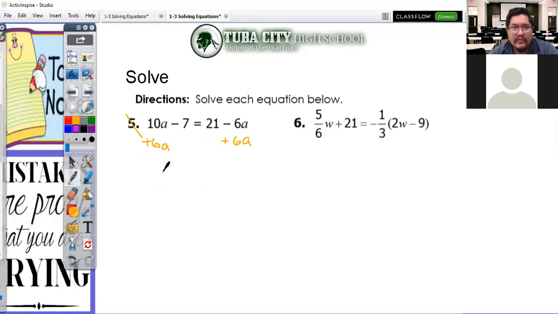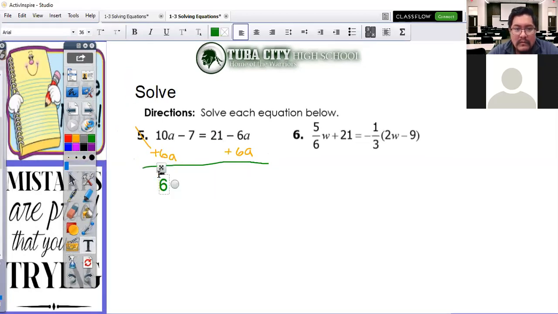Now, on the poster in my room, and usually with my Algebra 1 students, I will almost always do one step at a time. And this is what I mean. I'm going to do something like this. So I get 16a and minus 7. In this case here, I only did one thing, and that is add 6a to both sides.